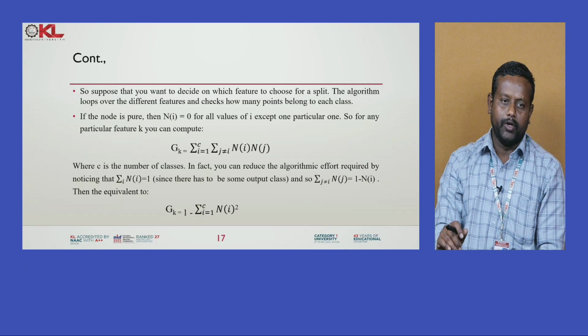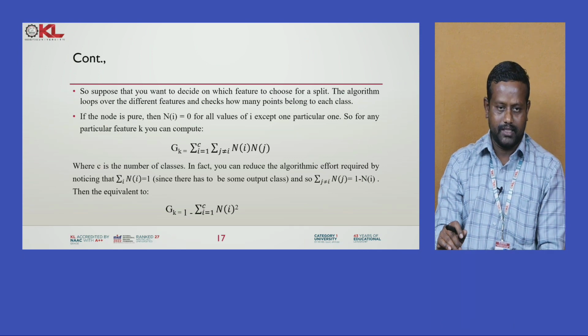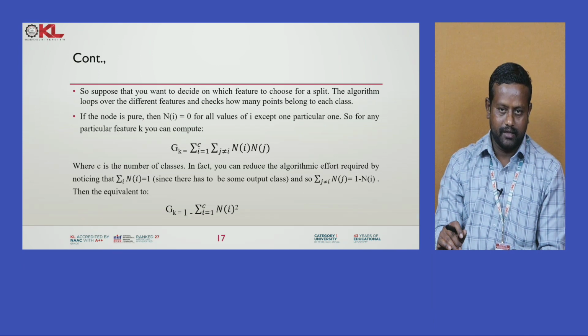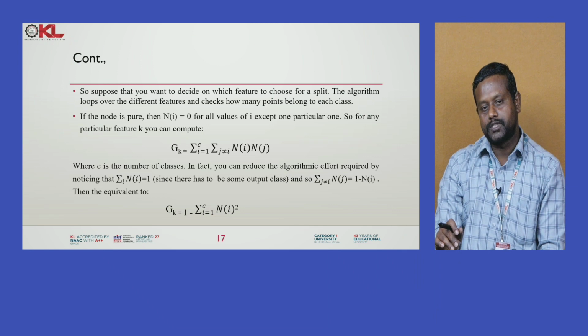If the node is pure, then n_i is equal to 0 for all values of i except one particular. So for any particular feature k, you can compute G_k equal to summation i equal to 1 to c, summation j not equal to i, n_i n_j, where c is the number of classes, like different categories, clusters or groups.